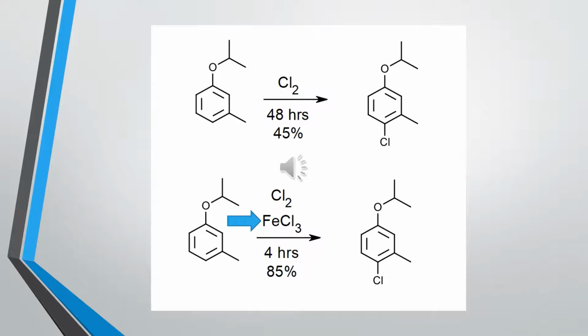You can see that when we attempt the reaction above, in the absence of a Lewis acid, it takes a long time and we get a poor conversion. However, when we add the Lewis acid, ferric chloride, iron 3 chloride, the reaction is greatly facilitated. You can see that. And so, of course, this is use of a Lewis acid as a catalyst.